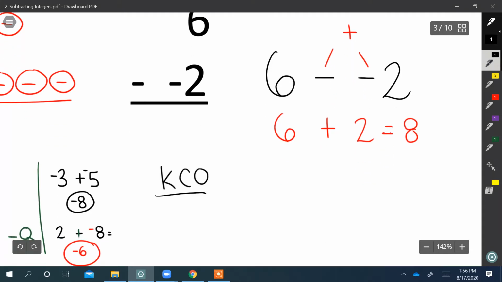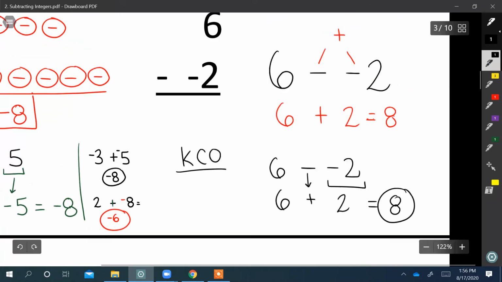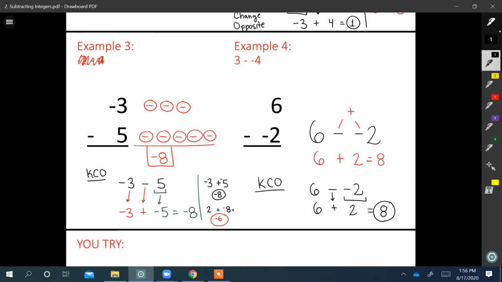You're going to get the same thing. So 6 minus -2 will be, you keep the 6, you change this one to a plus, and you change this negative into a plus as well, and you get +8. That is using KCO.